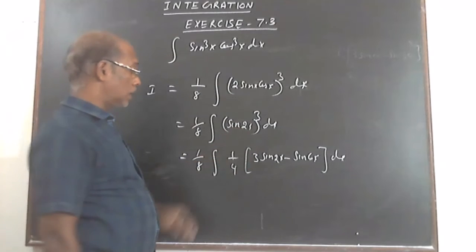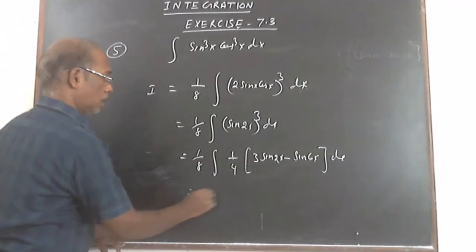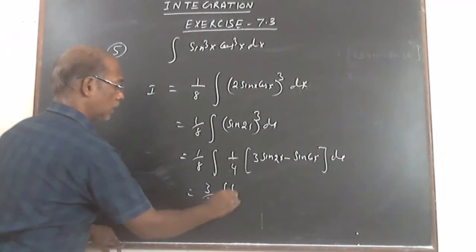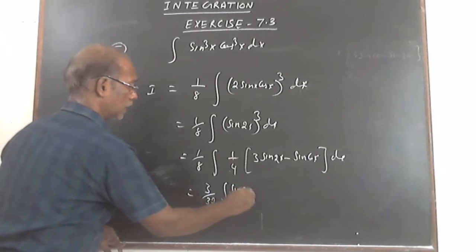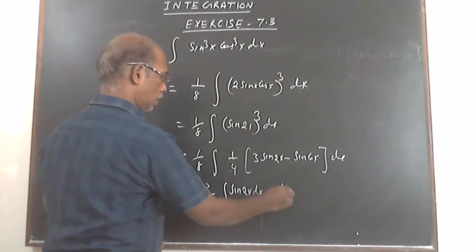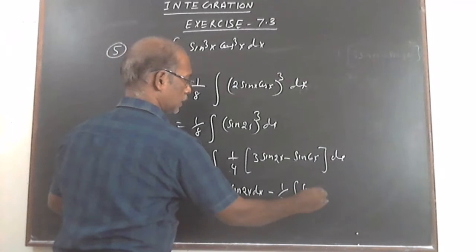Here theta equals 2x. Now 3 by 4 gives 3 by 32 integral of sin 2x dx, and minus 1 by 32 integral of sin 6x.